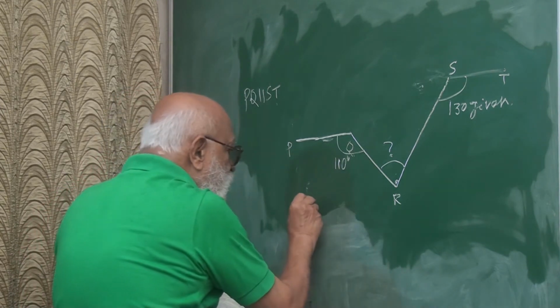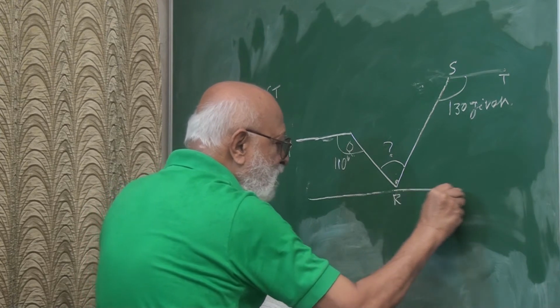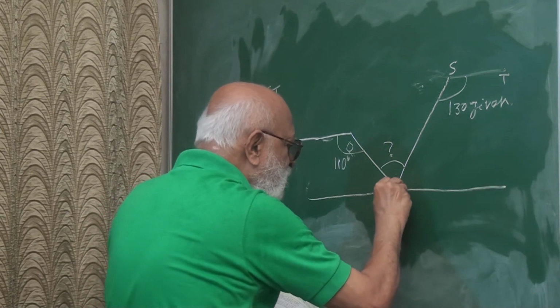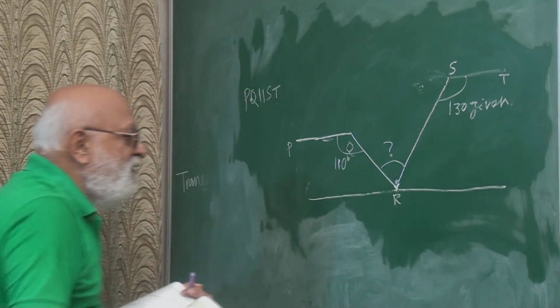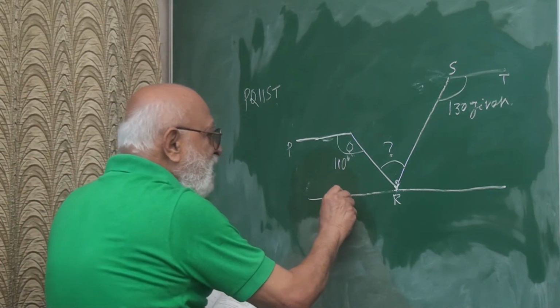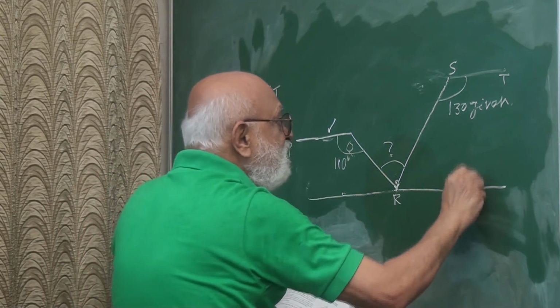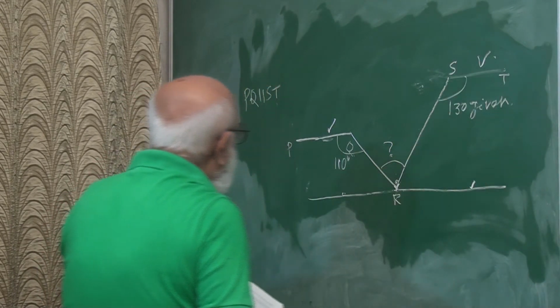So what I will do is draw a parallel line through R. This line is parallel to this line, and also this line is parallel to this line. Why?